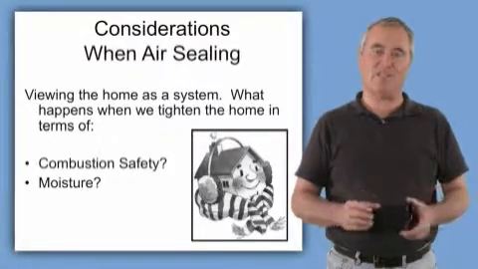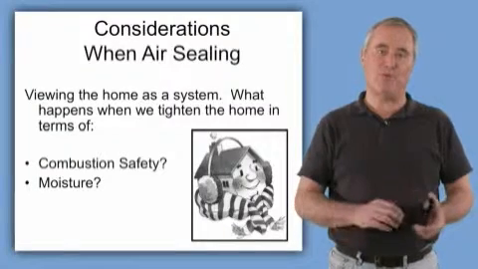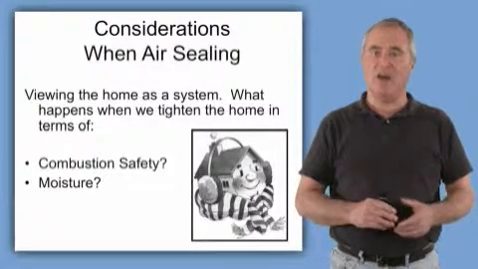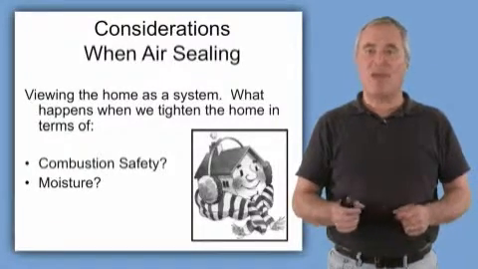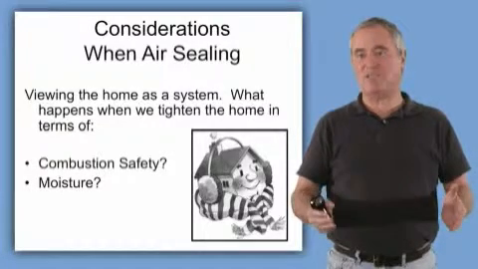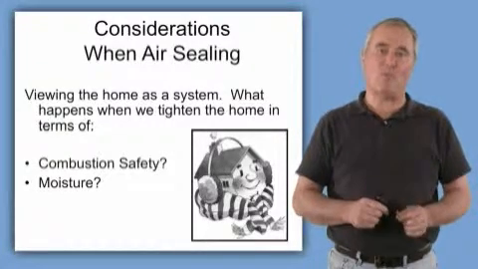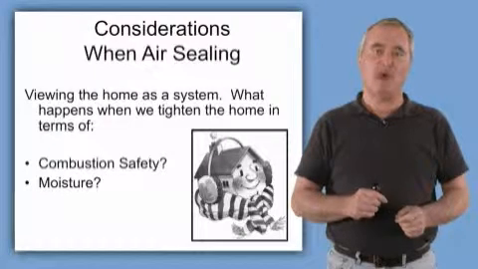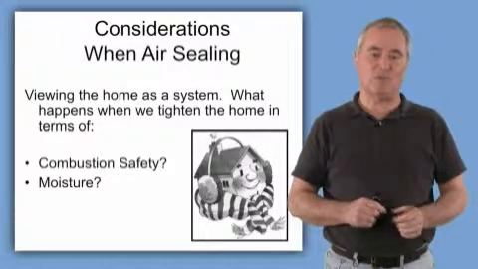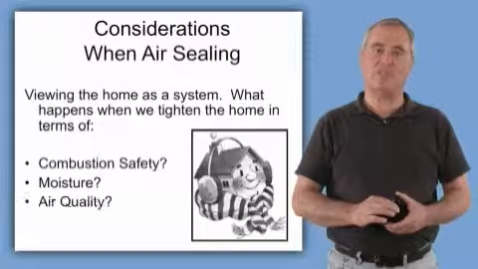The same is true with moisture. Often it's excessive air infiltration that helps carry moisture out of our houses, especially in the wintertime. And carrying that moisture out gets reduced as we air seal, so we may have more issues with moisture problems in the house as we air seal. And of course, indoor air quality.